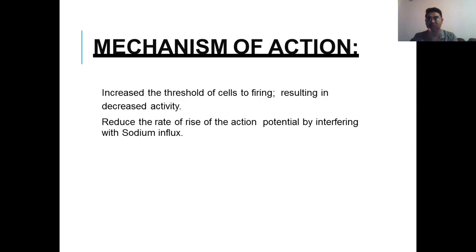But when we stimulate our cells, sodium influx occurs, and sodium goes inside the cells, and it will create an action potential and activate the cells. Especially neurons will transmit the stimulus to the CNS, the central nervous system.